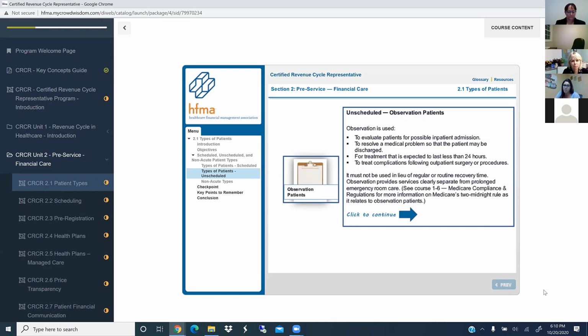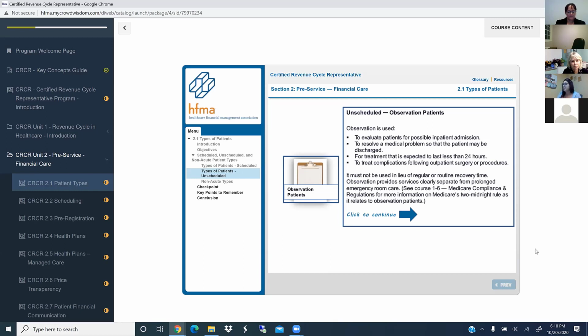And observation provides services clearly separate from prolonged emergency room care. If you remember back from Barbara's compliance, observation has a lot of rules following it, and it's not always appropriate. So it's very important that those are followed.